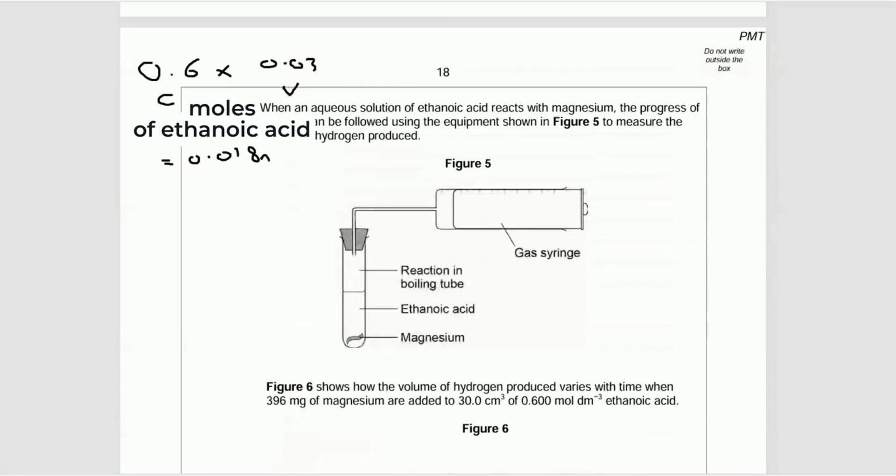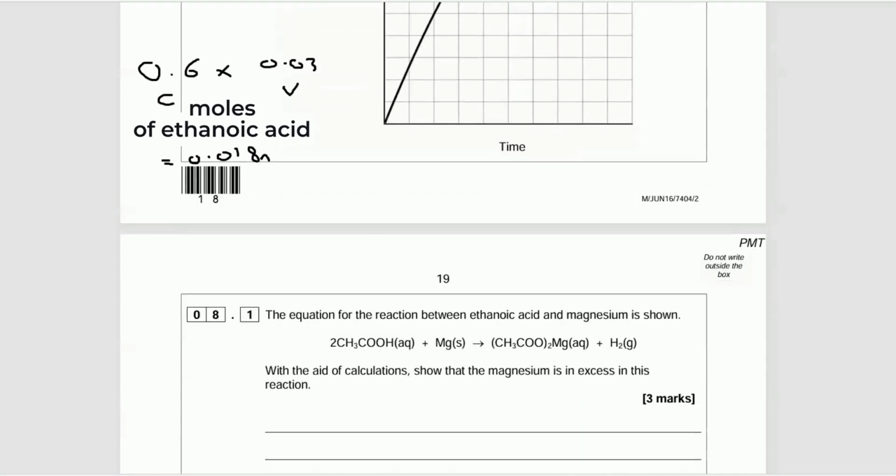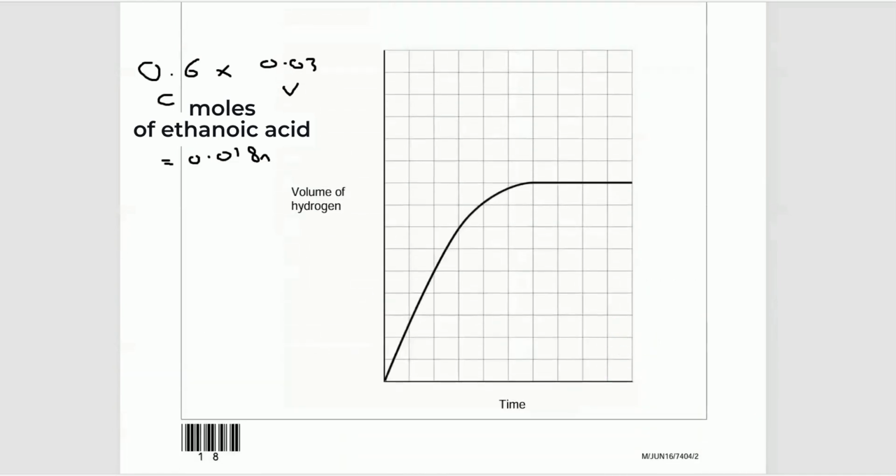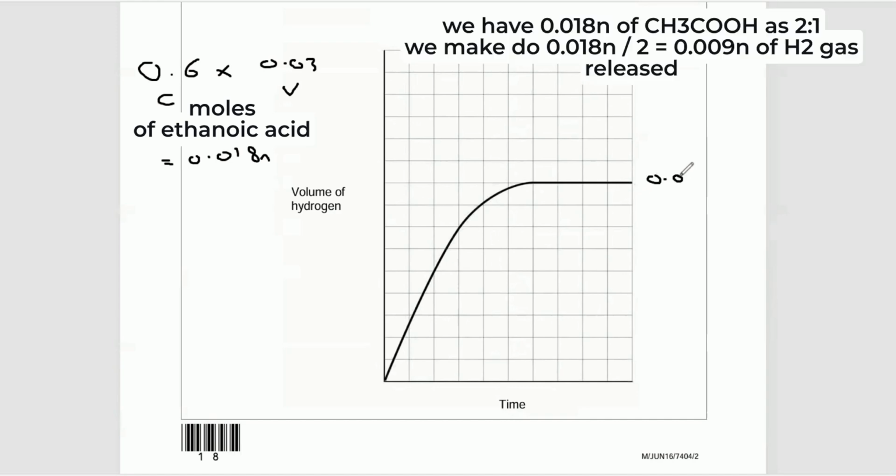Let's check it out. Where's the equation? There it is. So it's a 2 to 1. So essentially, we're going to make 0.09 moles of hydrogen, right? Because it's 2 to 1 with the hydrogen. You get the idea. Anyway, that's how much hydrogen gas is coming off there at this point.